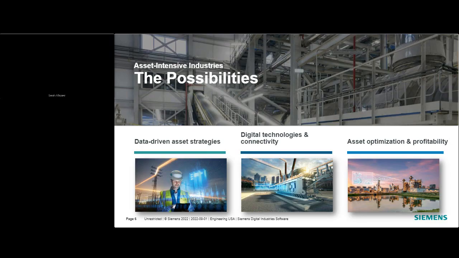But there are real opportunities here to drive better strategies, and better opportunities to optimize the productivity around these assets. But it's going to take a lot of investment in digital technologies and connectivity, and most importantly, the ability to actually move through and do timely analytics.